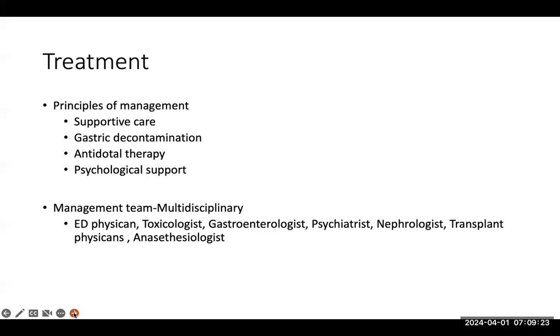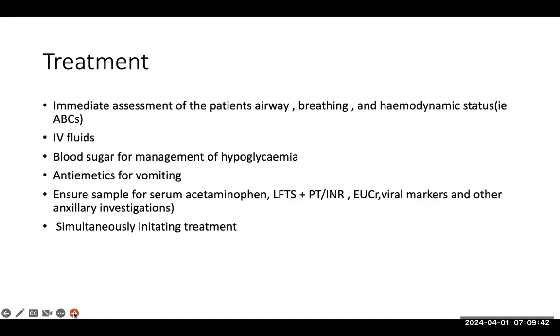Your first contact, obviously, is going to be the emergency physician. Then you have your toxicologist, your gastroenterologist, your psychiatrist, which is very important, nephrologist, your transplant physicians, especially if the patient starts having acute fulminant hepatitis, and your anesthesiologist if the patient needs ICU care. But I'll be talking more about this index patient.